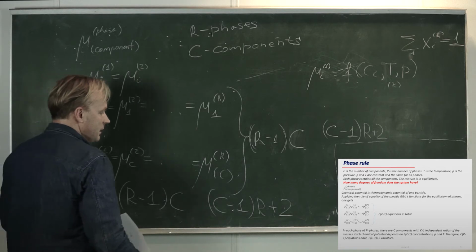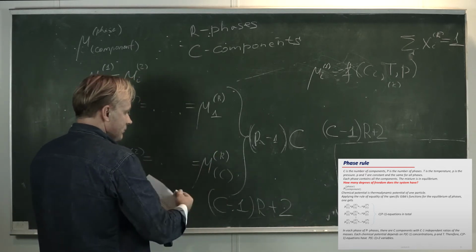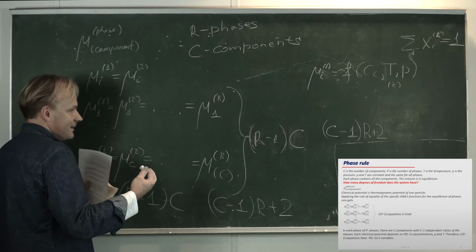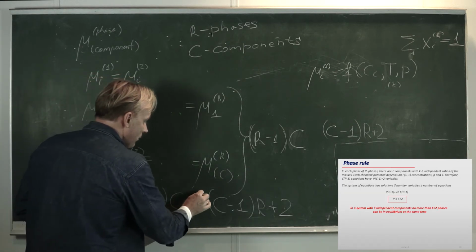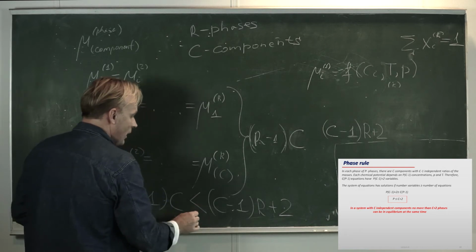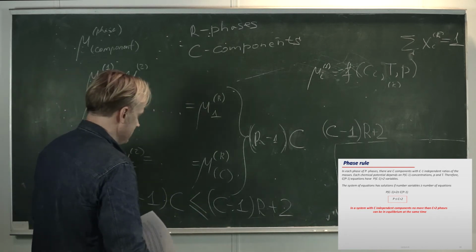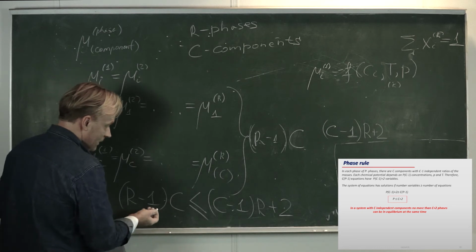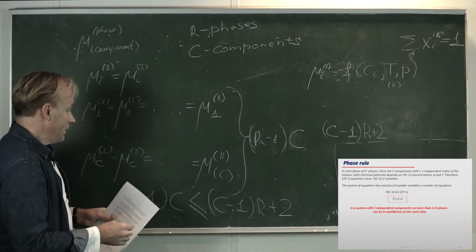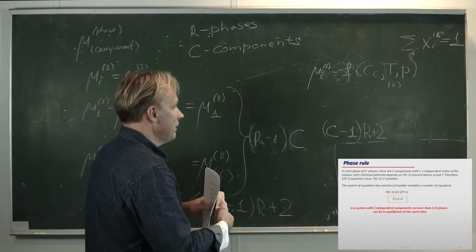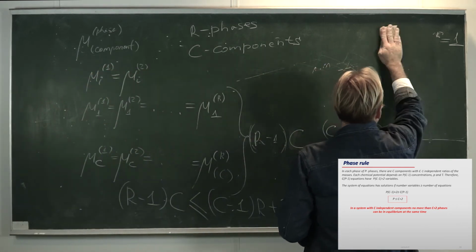And obviously, if you want the system of equations to have at least one solution, we must have more variables than equations, or at least an equal number of variables and equations. So it should be an inequality like this. Otherwise, the number of equations is more than the number of variables, and such a system doesn't have a solution.